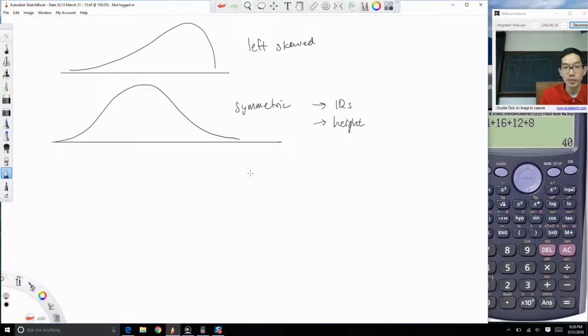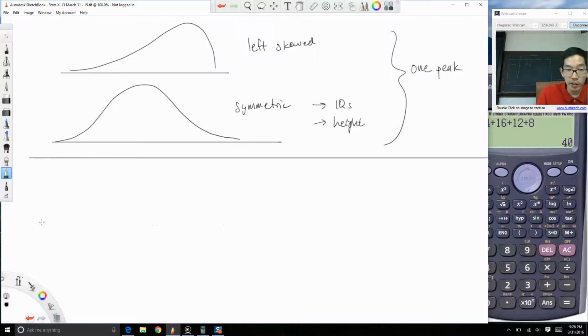Okay. All of these have been unimodal. Okay. These are both only one peak. So unimodal is anything with one peak, whether it's left skewed, this is unimodal, or I mean this one's right skewed.